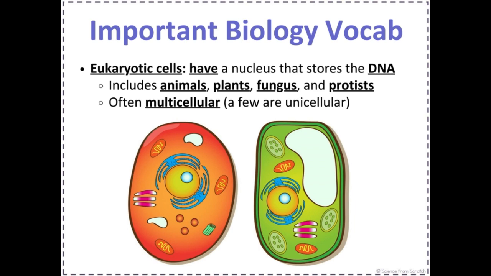These guys are the opposite of prokaryotic cells, where they have a nucleus that houses the DNA, and these are going to be our plants, animals, fungi, and protists. They're often multicellular. We do have a few unicellular animals, such as the amoeba. Okay, some of our protists are unicellular, but for the most part, you're going to see them multicellular.